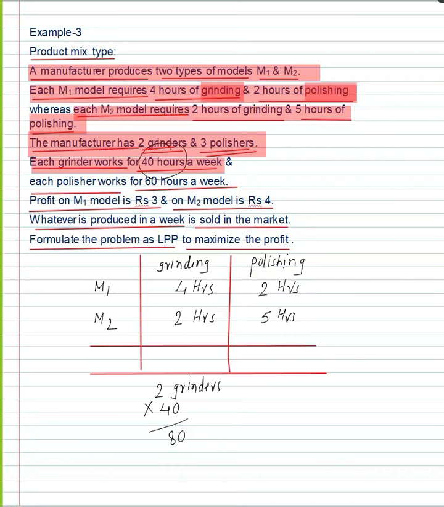One grinder works for 40 hours a week, so 2 grinders will work for 80 hours per week. That is, grinding time available is 80 hours.